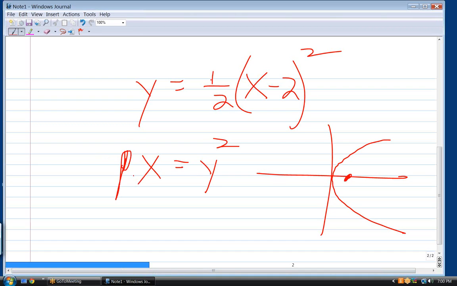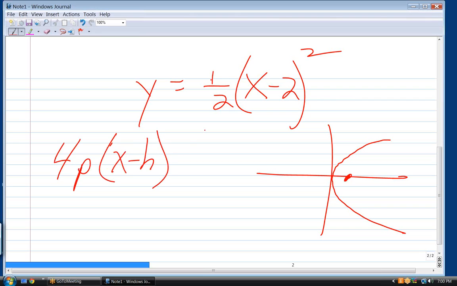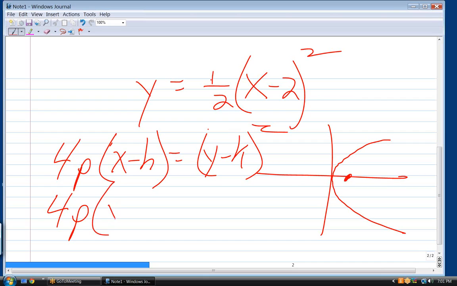The standard format for a horizontal parabola, let me write it all completely out here, is 4p times (x minus h) equals (y minus k) squared. In other words, you want to put the 4p in front of the variable that is not being squared in both situations. So we have two general formats for our parabolas.